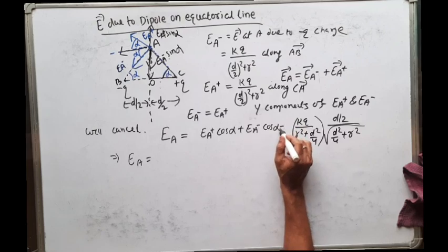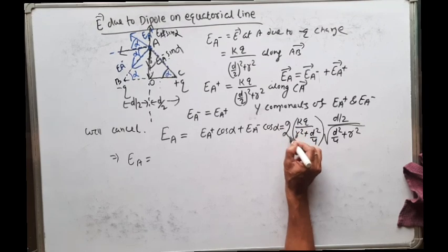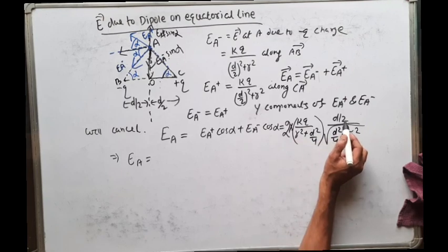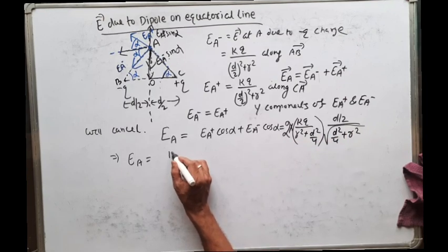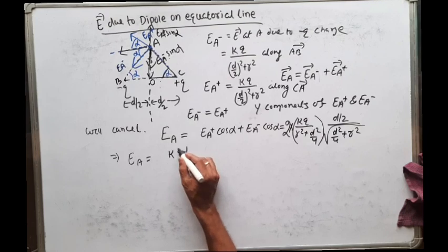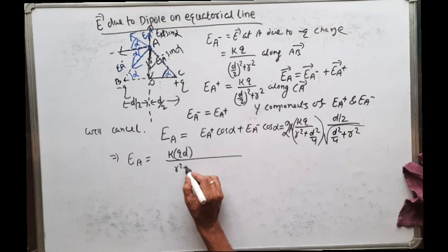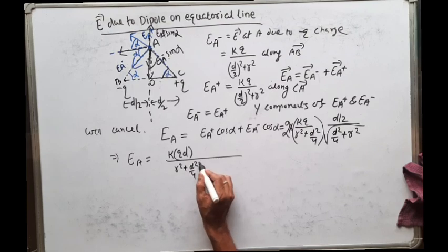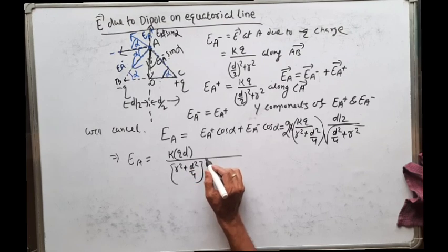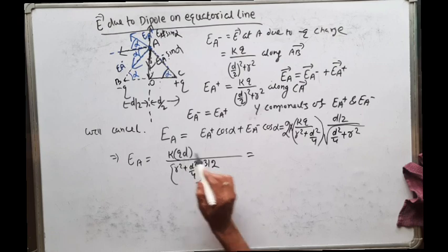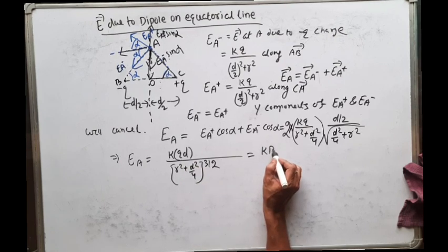So the total electric field intensity is equal to 2 times this value. So here 2 cancels. You are getting K into QD divided by R square plus D square by 4, whole to the power 3 by 2. But you know, charge into distance is nothing but your dipole moment P.